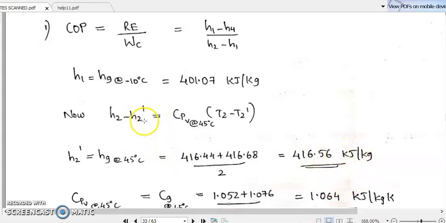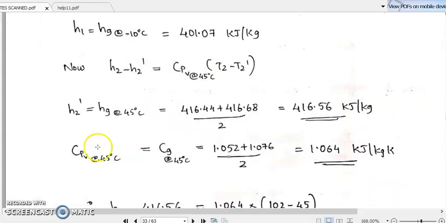Everything else is known in this equation. The Cp value of vapor at 45 degrees Celsius is nothing but the Cg value at 45 degrees Celsius, and by interpolation we find 1.064 kilojoules per kilogram Kelvin.